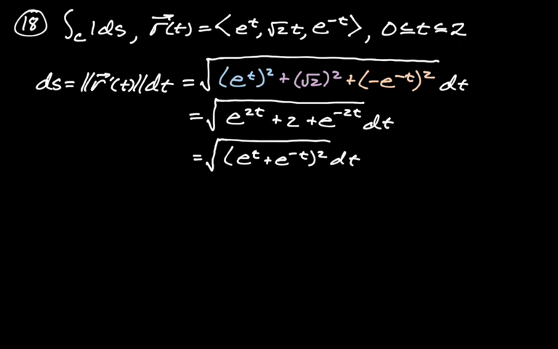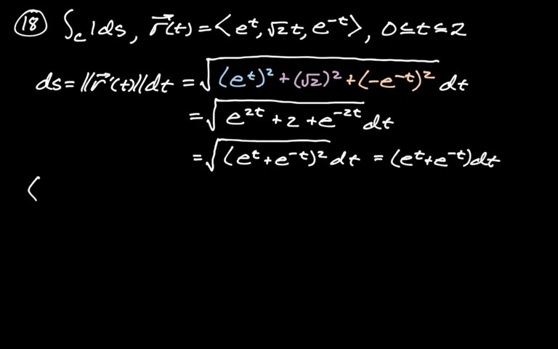I think that's a special observation if you're doing these consecutively, and on the previous one, you also would have run into something like that. So maybe that helps it make more sense. Otherwise, you're like, what am I going to do with this thing? So here, again, we get just e to the t plus e to the negative t dt. We don't need absolute value because e to the t plus e to the negative t is always positive, so you're not going to run into a negative there.